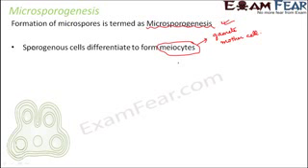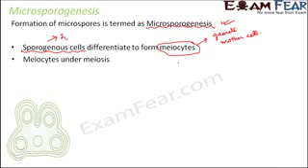Now, let us try to understand the ploidy of the cells here. These myocytes then undergo meiosis. Now, what are the sporogenous cells? These sporogenous cells which we are talking about are diploid cells. But what do we want?